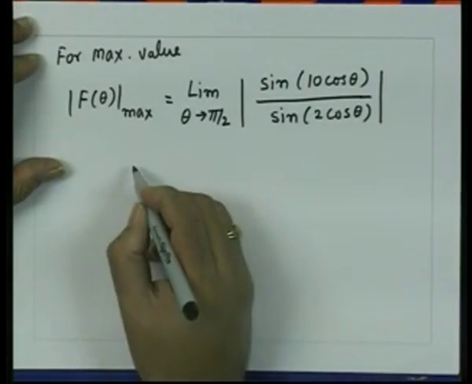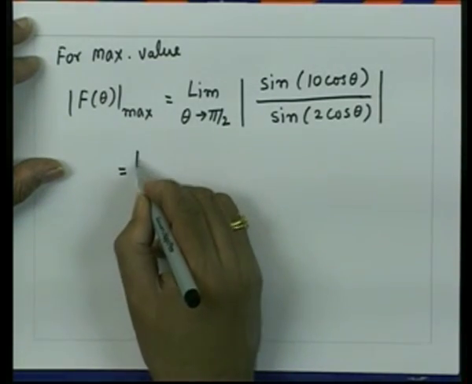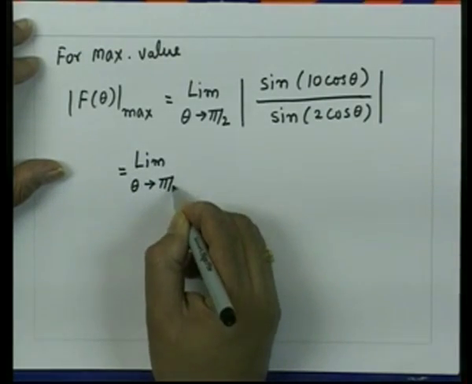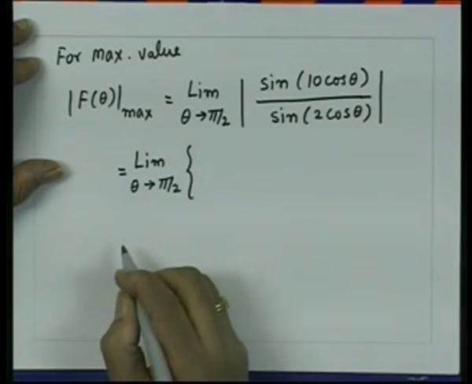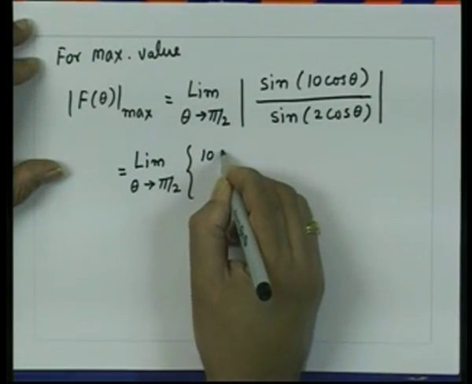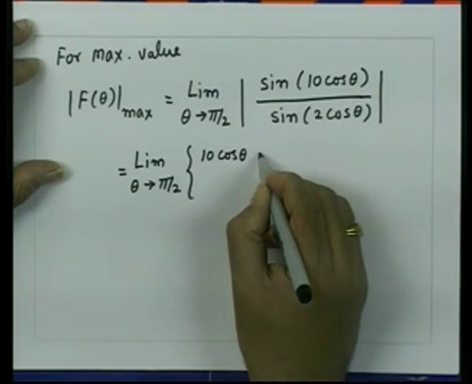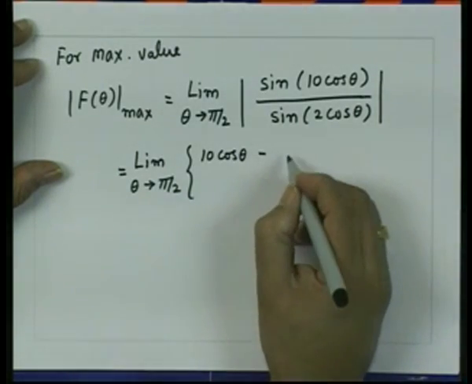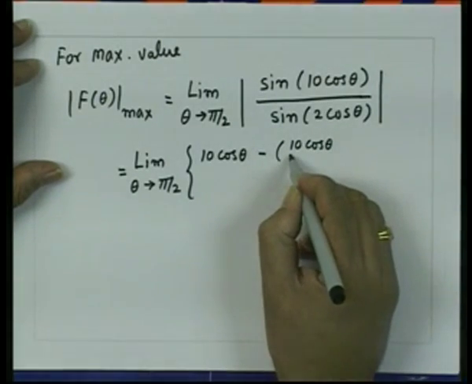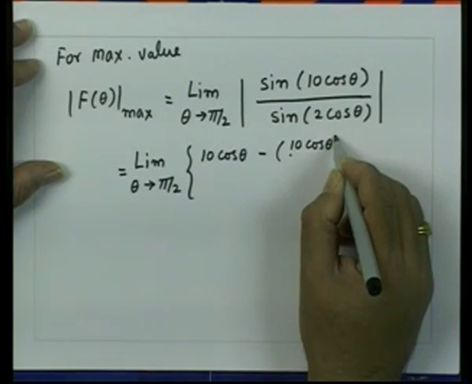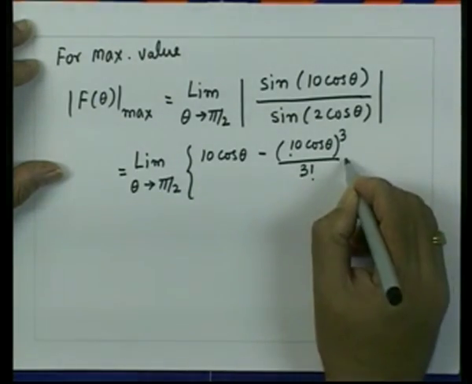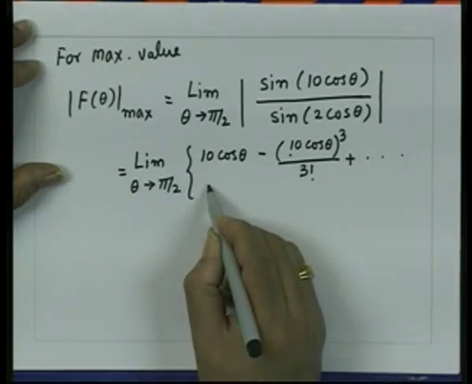Expanding this sine function, we get, in the limit theta tends to pi by 2, sine of 10 cos theta minus 10 cos theta whole cube upon factorial 3 plus and so on.